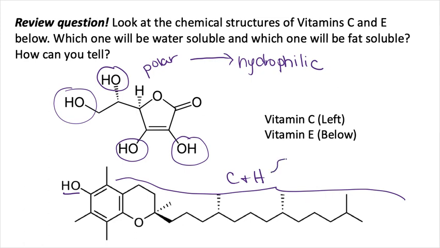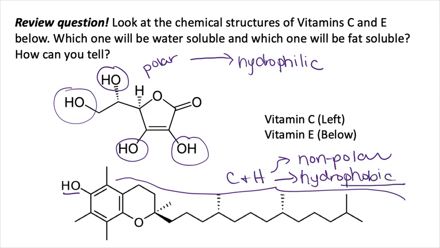And these types of bonds, carbon-carbon and carbon-hydrogen bonds, tend to be nonpolar. And when we see a lot of nonpolar covalent bonds, then we know our substance is going to be more likely to be hydrophobic. So something that's hydrophobic, if it's not soluble in water, it'll be soluble in fat. So a fat-soluble vitamin is one that will be hydrophobic due to nonpolar covalent bonds.